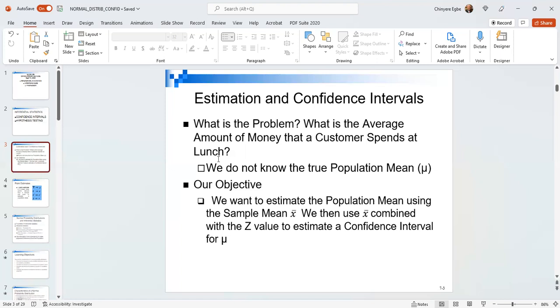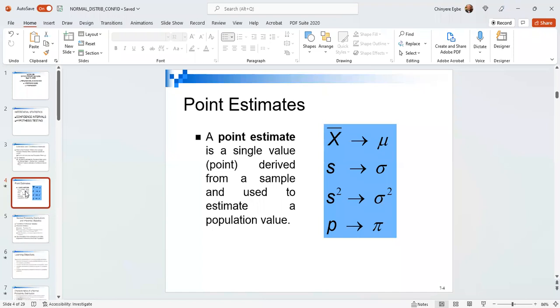So I'm going to go back here. We begin from what we call the point estimate. The x bar that you see there is the sample mean. So we get information from the sample, and we want to use that information to estimate the true value for the population.